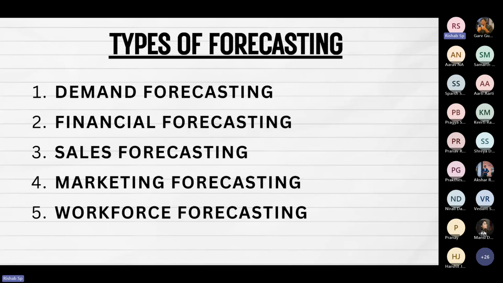So there are n number of forecasting types. Here you have demand, financial, sales, marketing, workforce. Simply, you have some past data, and you use those data to make future decisions. Simple, done.